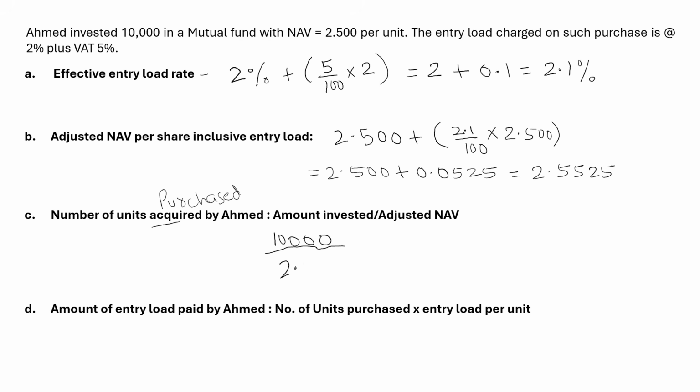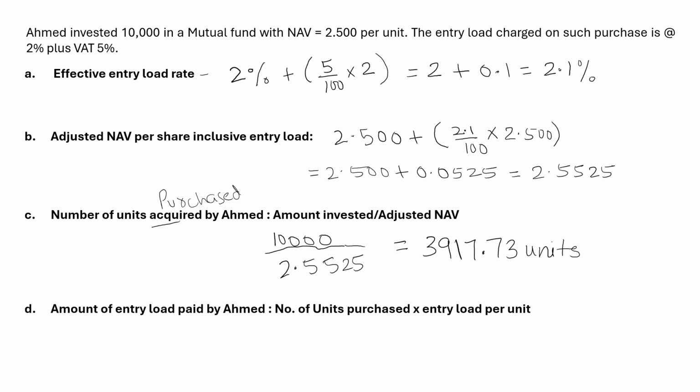So 10,000 divided by 2.5525, we will get the answer, the number of units: 3,917.73 units. Always remember, mutual fund NAV will be coming in points. I hope this is clear.